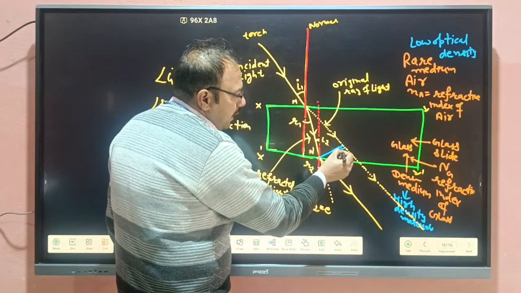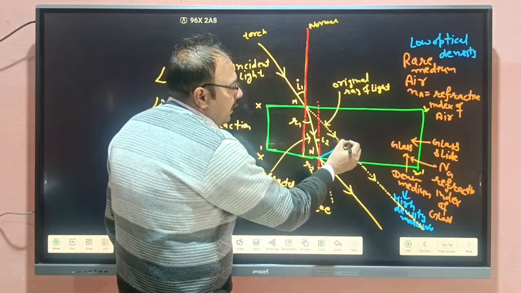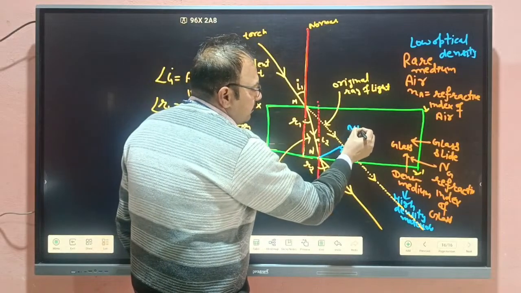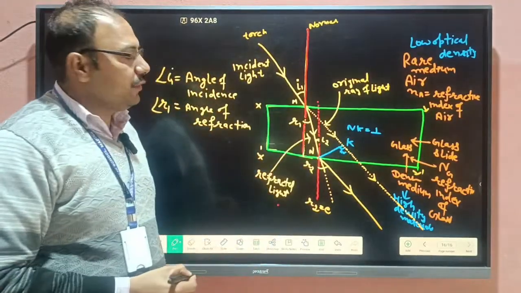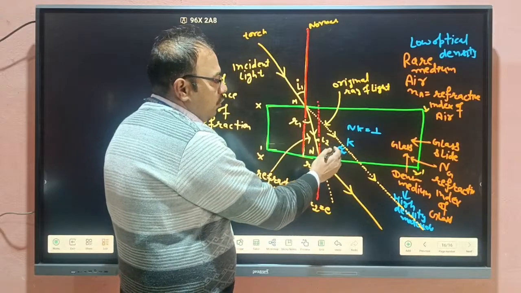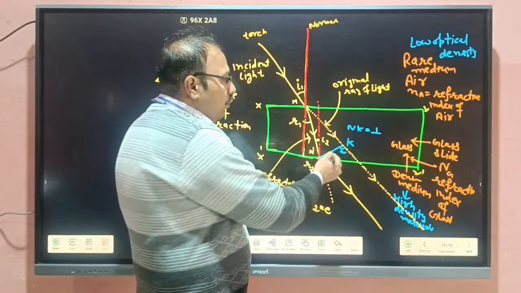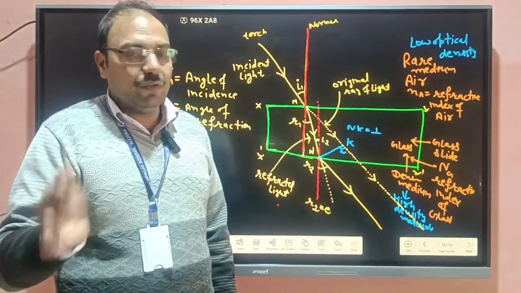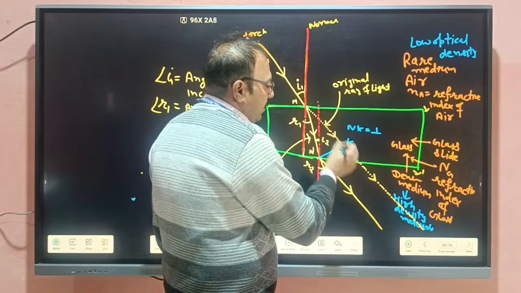So this angle is 90 degrees, and this point is, for example, N and this is K. So NK is perpendicular to the original ray. So we can measure this path, maybe 4 centimeter or 3 centimeter, using a scale. So we can find out how much the ray is displaced from the original path. For example, this is 4 centimeter.